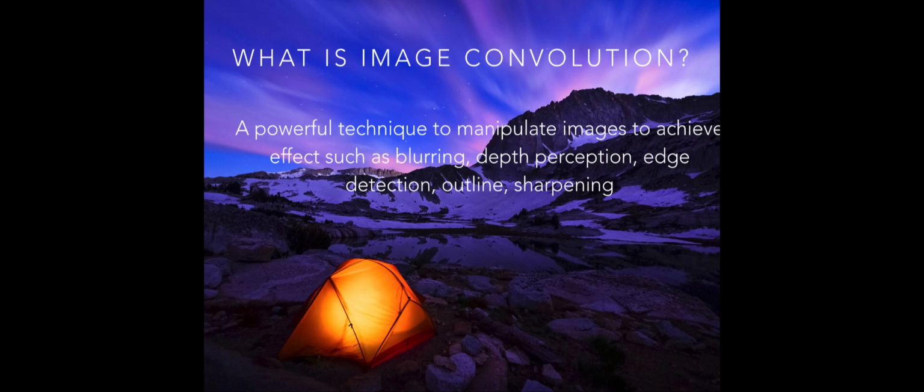So it's a very powerful technique, and we will go through examples as well as code on how to actually achieve this, and we will deal with a few famous convolution techniques in this entire course.